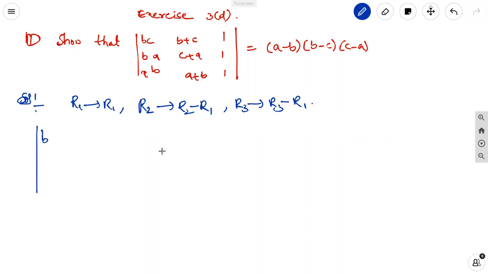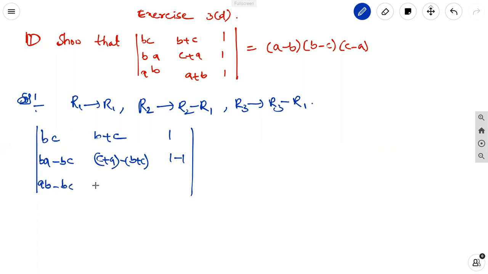Modulus of the first row we can take as it is: BC, B plus C, 1. Next R2 minus R1. R2 is CA, A plus C, 1; R1 is BC, B plus C, 1.